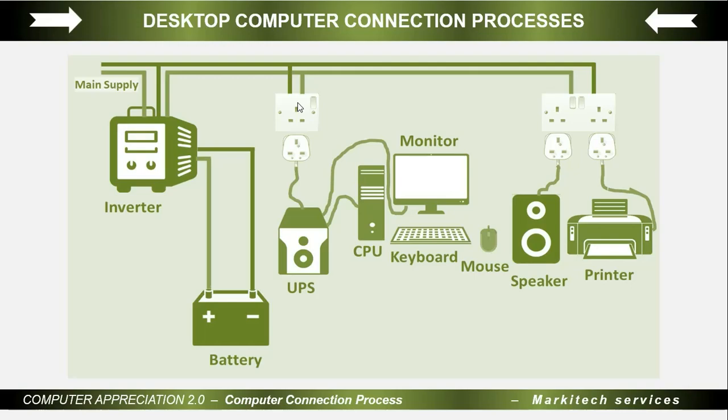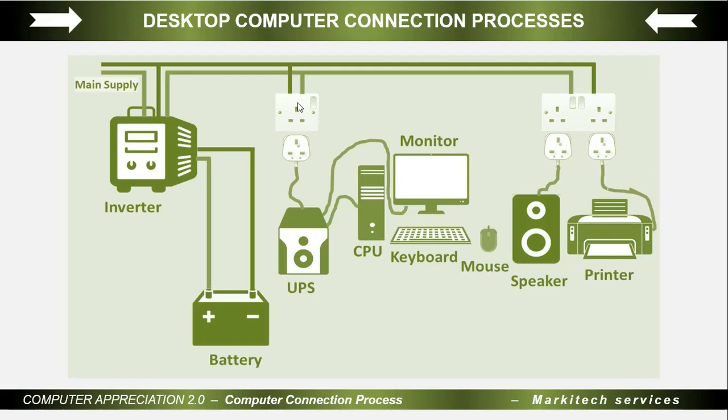What I mean is, your CPU should be connected to the UPS, your monitor connected to the UPS, and then your keyboard connected to the CPU, your mouse connected to the CPU, every other thing connected to the CPU, and then your UPS alone should be connected to the main socket. Why? Because if the main supply has an issue, the UPS can sustain, and if the UPS is still on, definitely your setup will be on, meaning your CPU will be on, your monitor will be on, your keyboard will be active, your mouse will be active. Then you can have time to save your work.